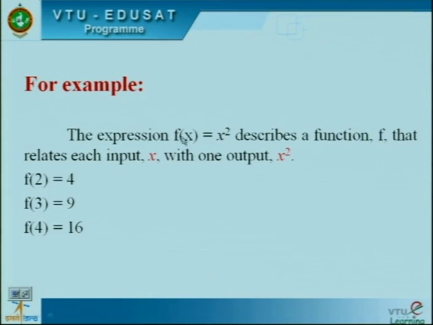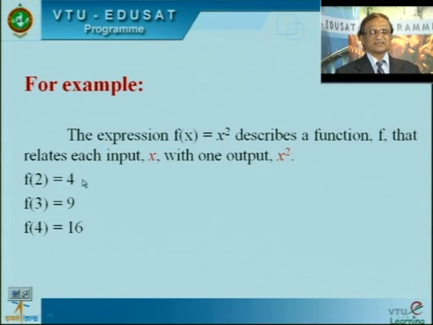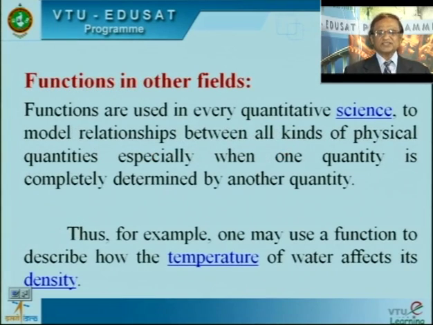For example, f of x is equal to x square. If I input 2, then I obtain 4 as the output, and if I input 3, I obtain 9 as the output. If I input 4, then I will get 16 as the output. So, for each input I will get an output.